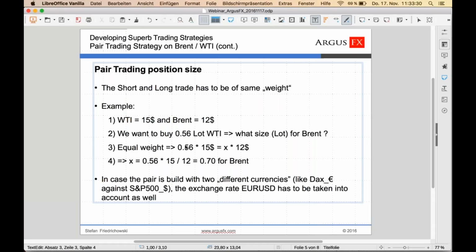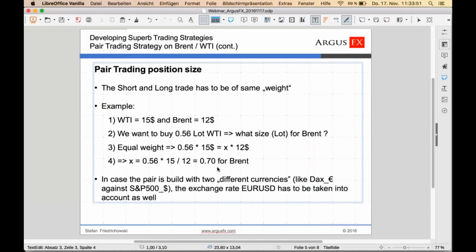And now it becomes quite easy because we only have to solve that equation for X. I think that is done quite easy. So finally, we have the equation 0.56 times 15 divided by 12, and that equals 0.7.